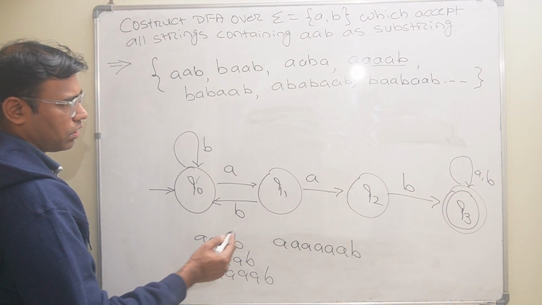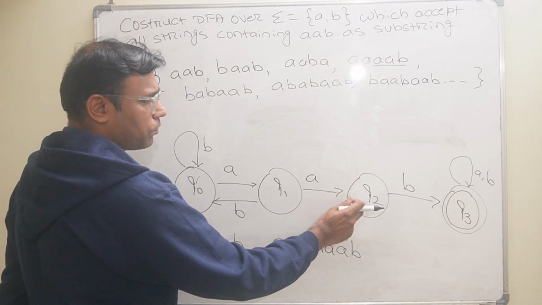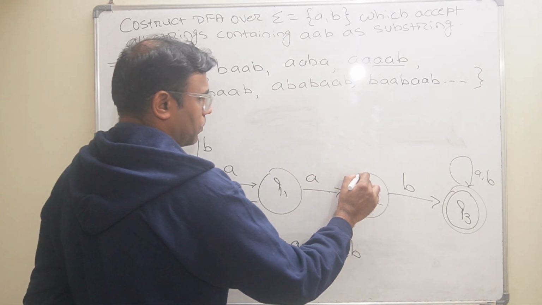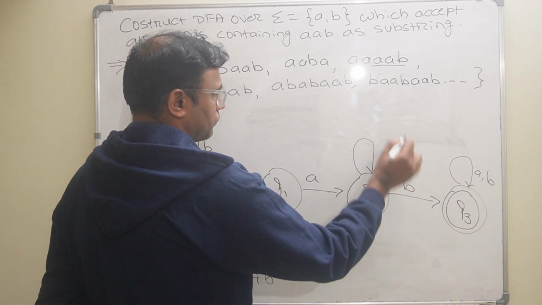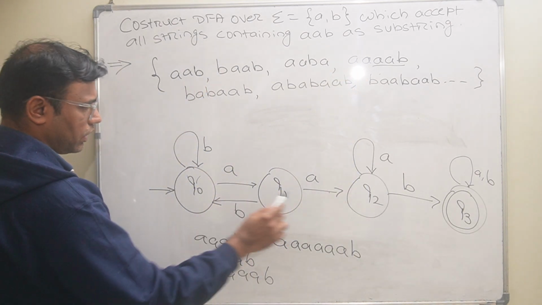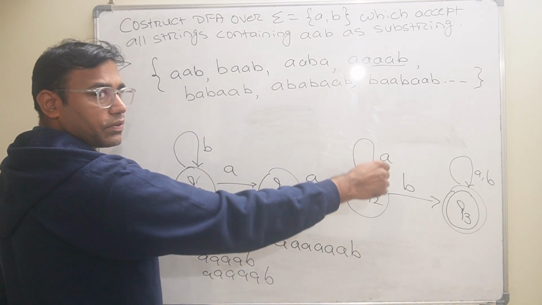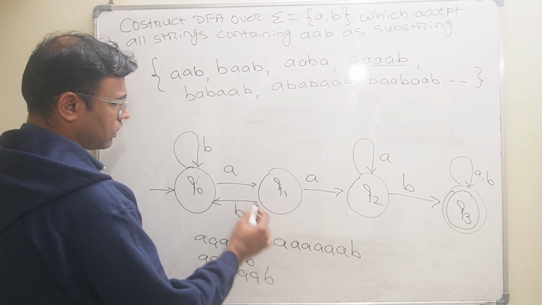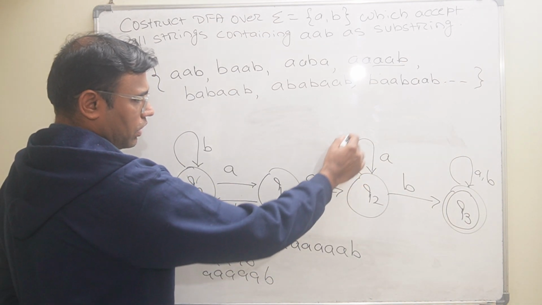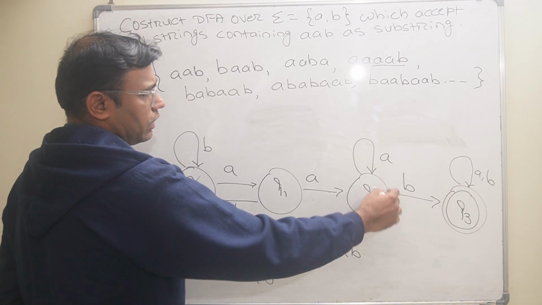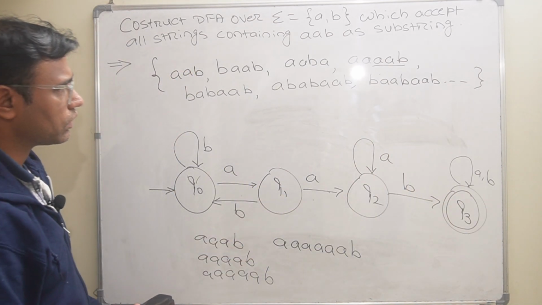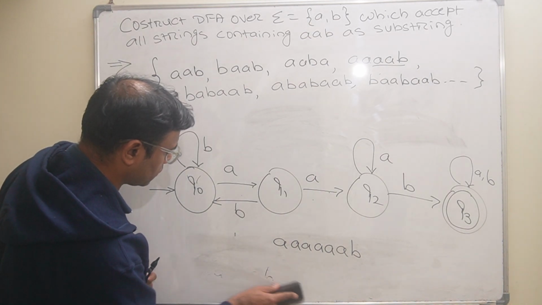Now here if we apply the loop of a, it will satisfy our condition. So if I apply the loop of a here, it will accept any number of a and then b. So a, then a, and then b reaches to final state. So it will satisfy all the conditions.